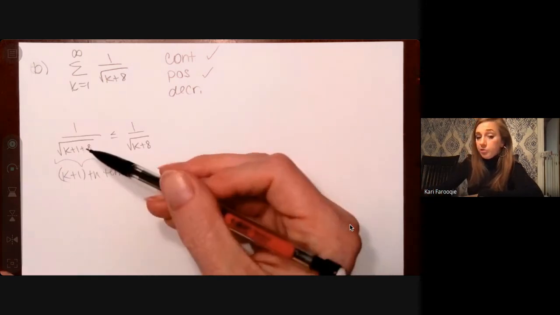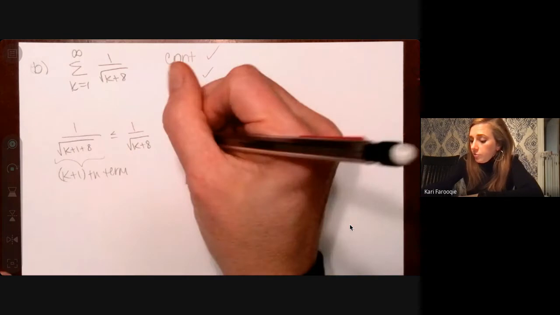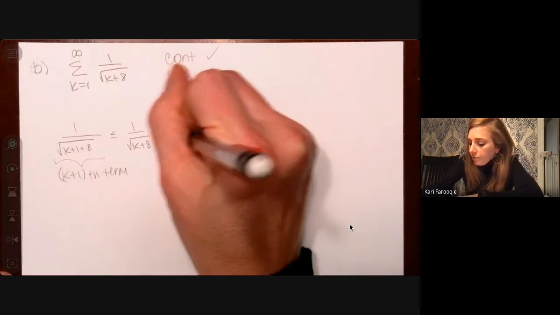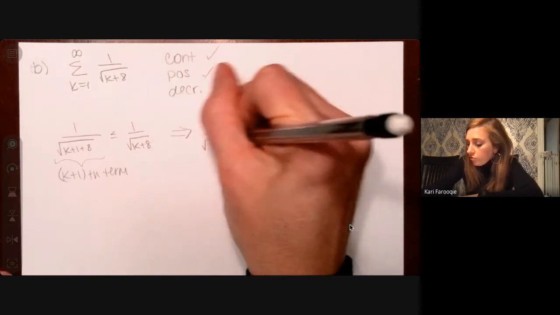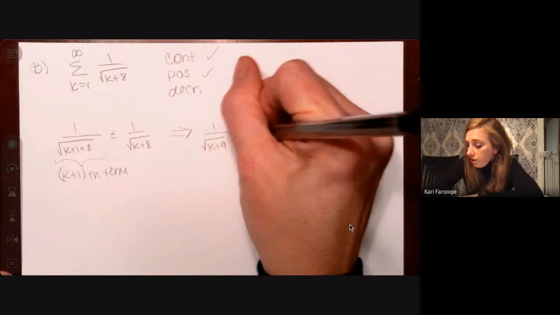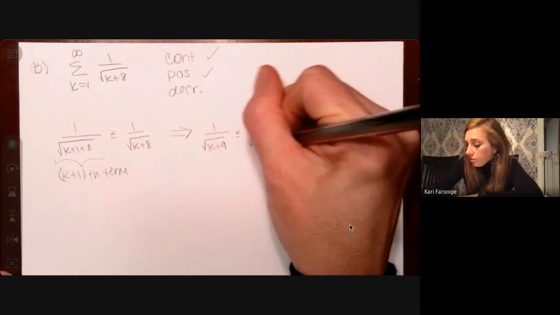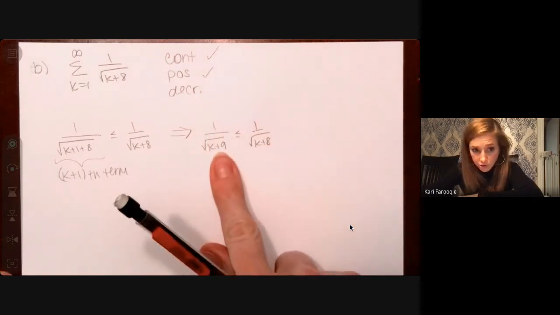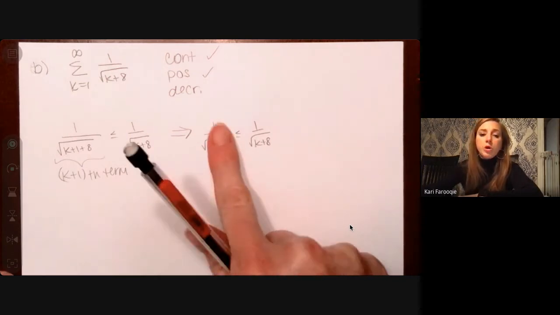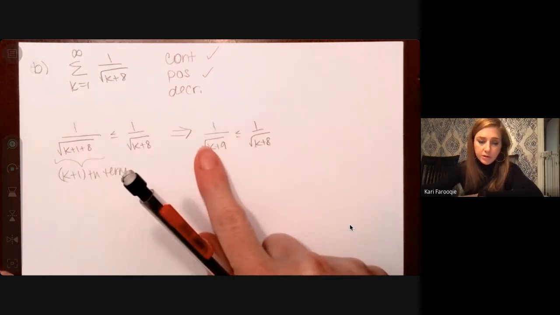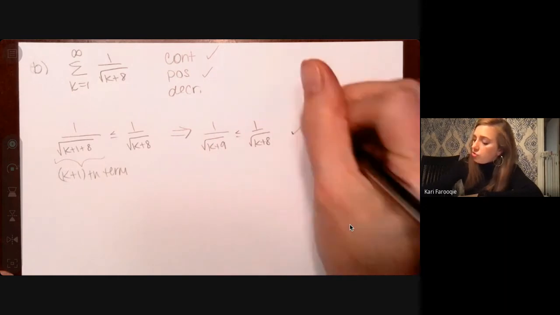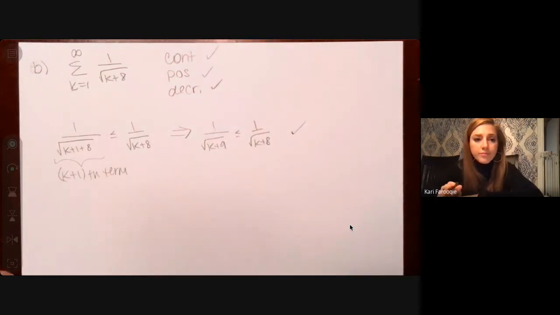Personally, I feel like this is very obvious. I can go ahead and say that this would be 1 over the square root of k plus 9. And yes, the denominator is larger, therefore the quotient is smaller. Check, check. For something like this, I do not need you to go through all that work and show me.